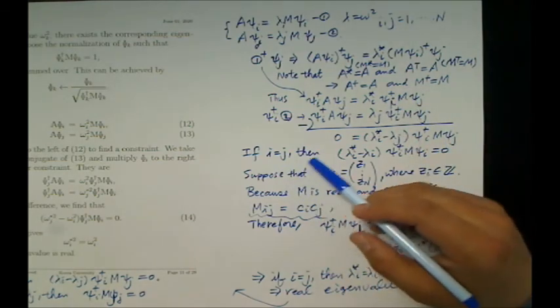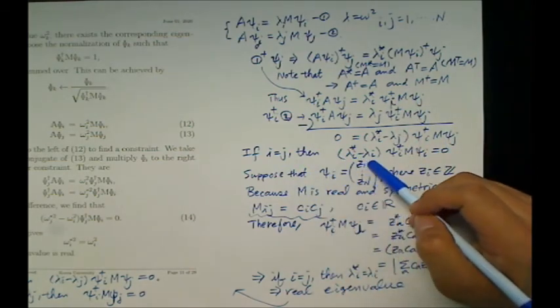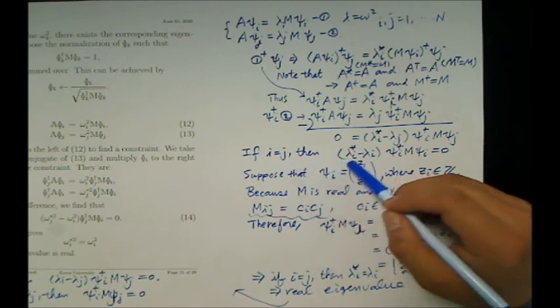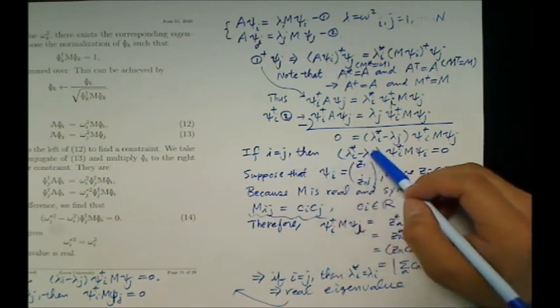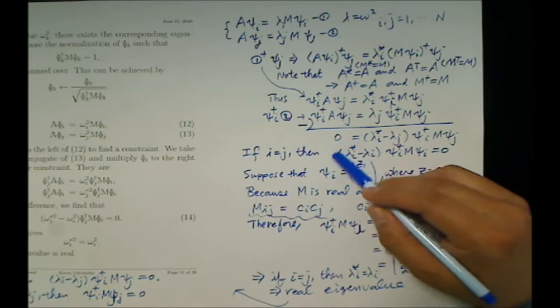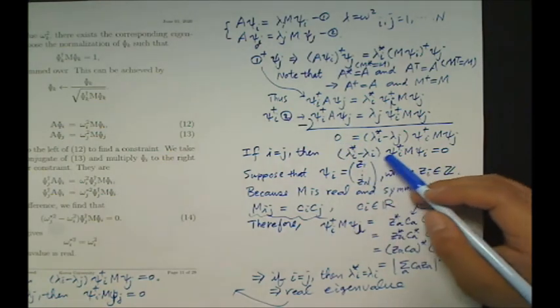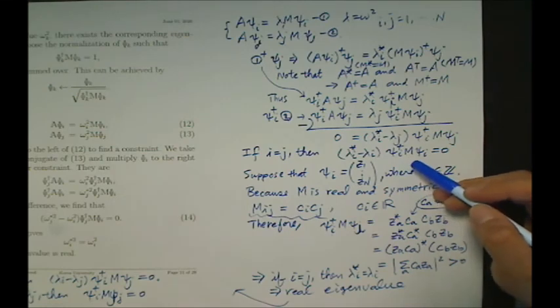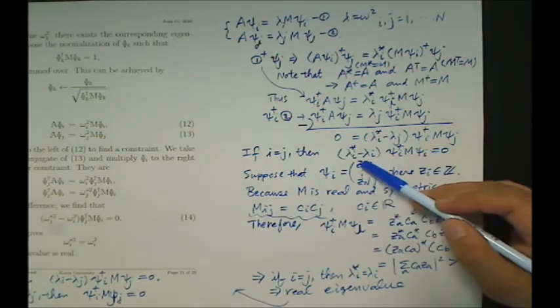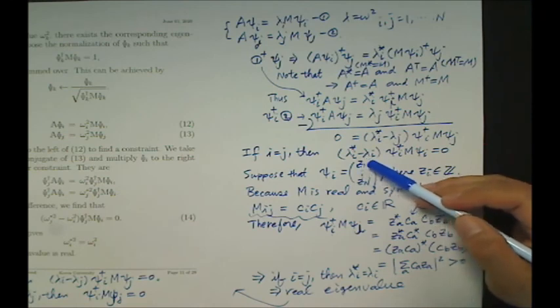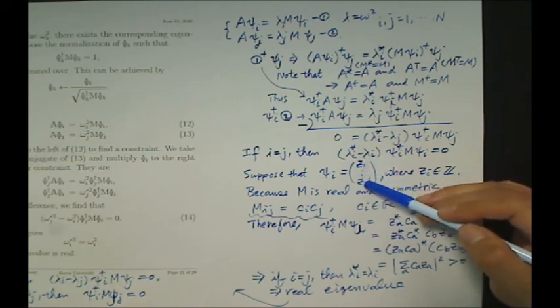First, let us consider the case where I and j are the same. If I and j are the same, the difference is in proportion to the imaginary part of the eigenvalue, multiplied by psi dagger M psi I. Suppose that psi I consists of n complex numbers in the components.